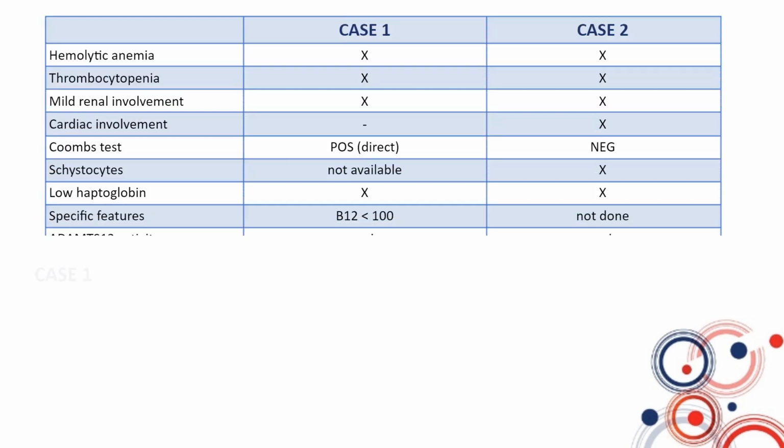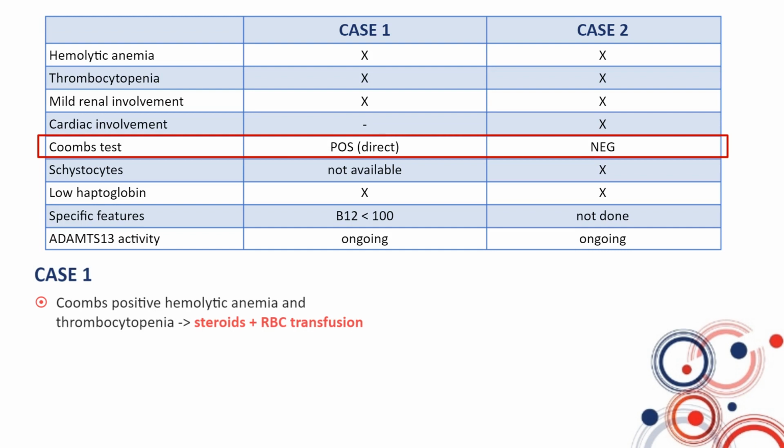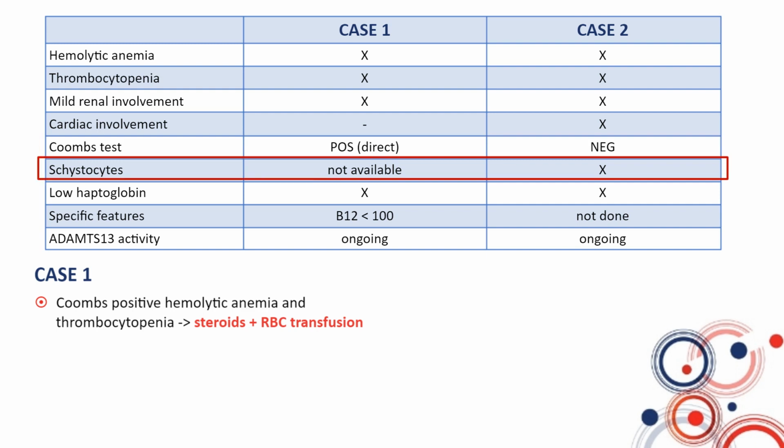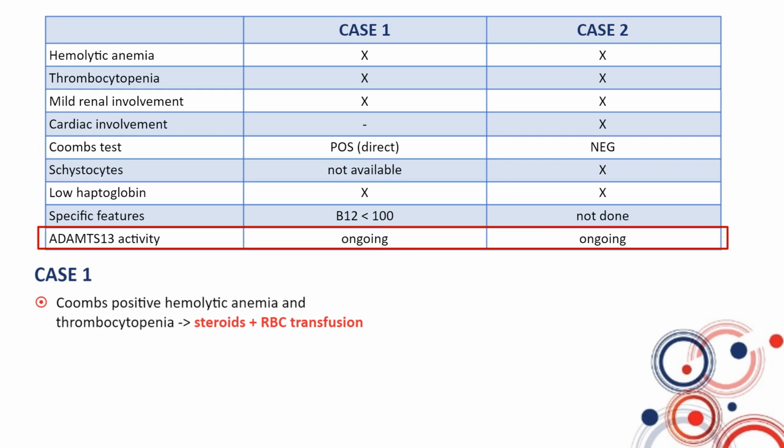In the first case, the Coombs test resulted positive, and in the second case, negative. We don't have the schistocytes available. We have ADAMTS13 that has been sent out, and the results are ongoing.